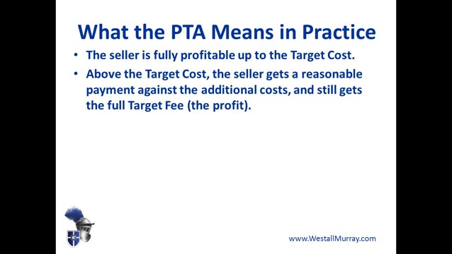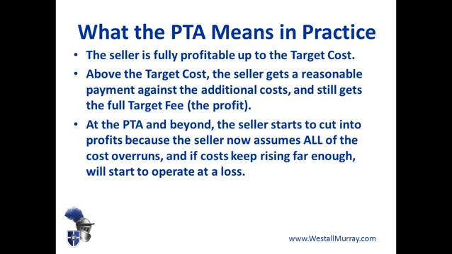And of course, they still get their full target fee, the profit, that 100,000. However, at the point of total assumption and beyond, the seller has to pay all of the cost overruns, and therefore they start to cut into their profits. And if costs keep rising far enough, they'll start to operate at a loss.